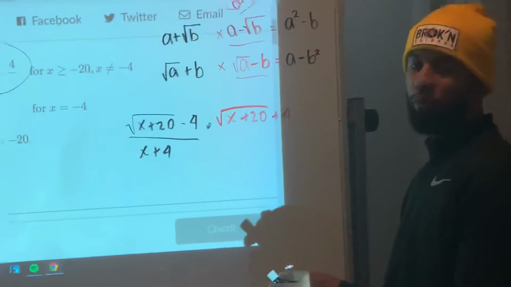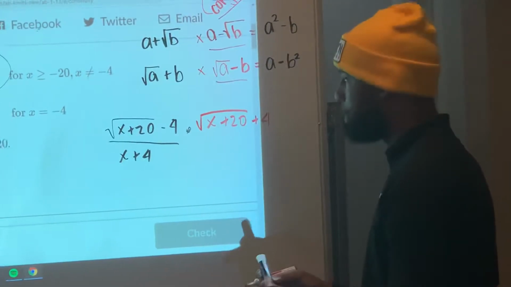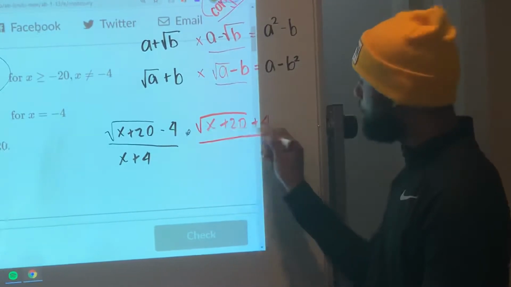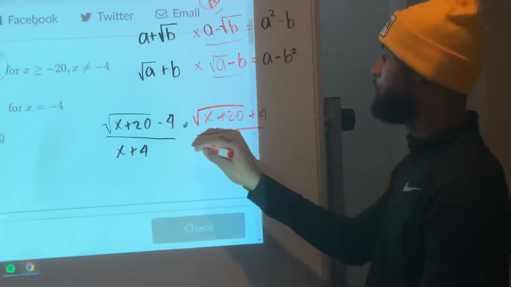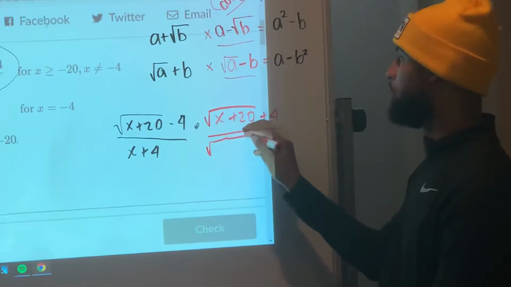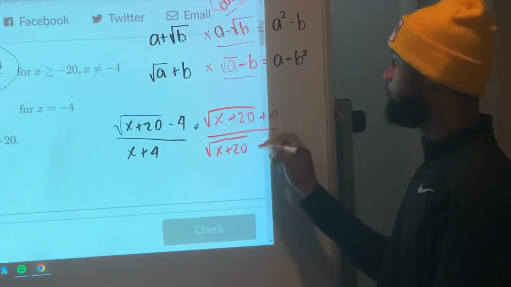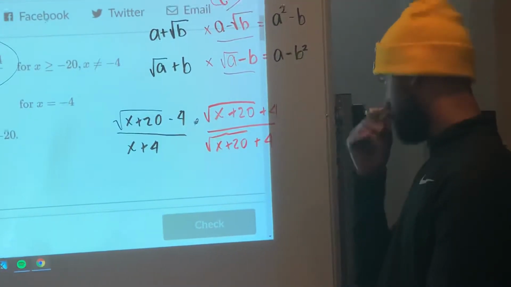And again, we know if we're multiplying an expression, in order to keep it the same, if we multiply the numerator by this, we have to multiply the denominator by it as well. Square root of x plus 20 plus 4.